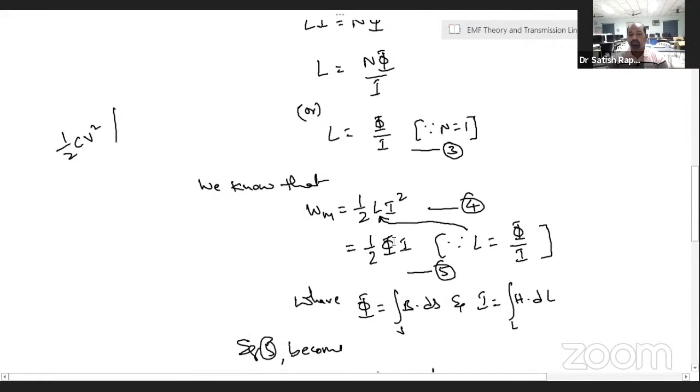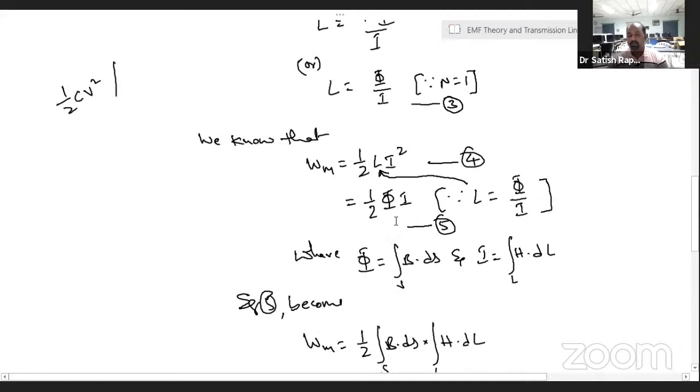We know that the energy stored in an inductor is given by Wm equal to half Li squared, and this is equation 4, where L is given from equation 3. Substituting L from equation 3, we get equation 5.